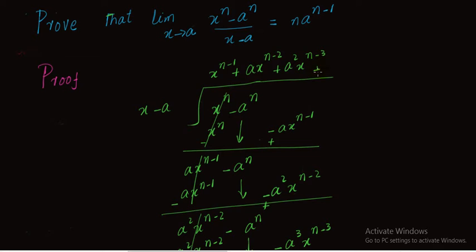If we continue this process, in the last term the exponent of a becomes n-1 and the exponent of x becomes 0. Similarly, for the second last term we can write the exponent of a as n-2 and the exponent of x is 1.